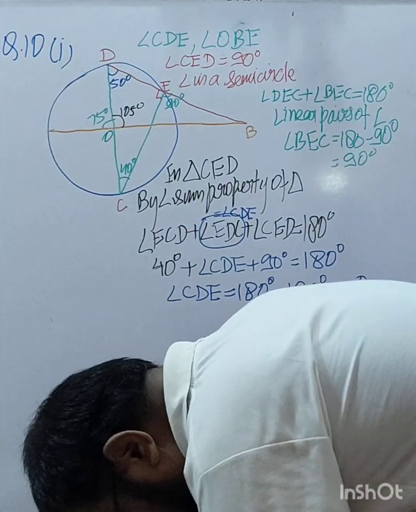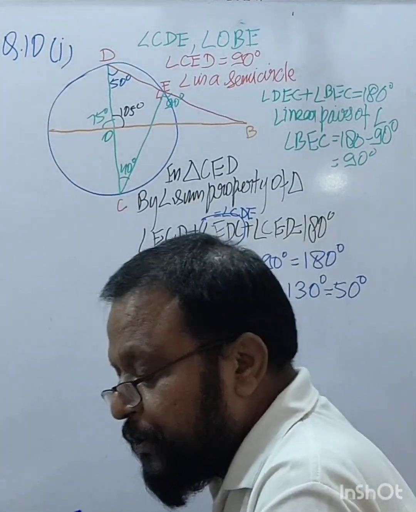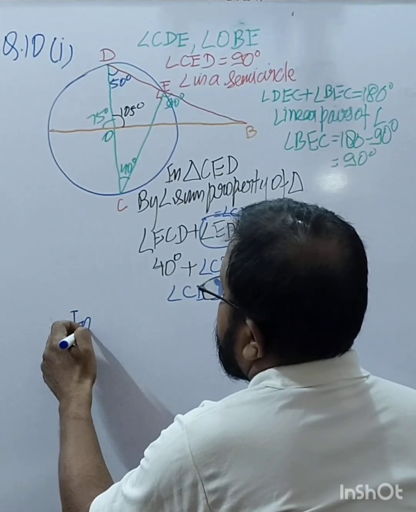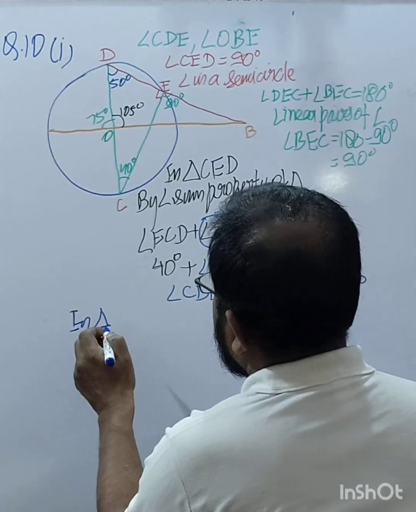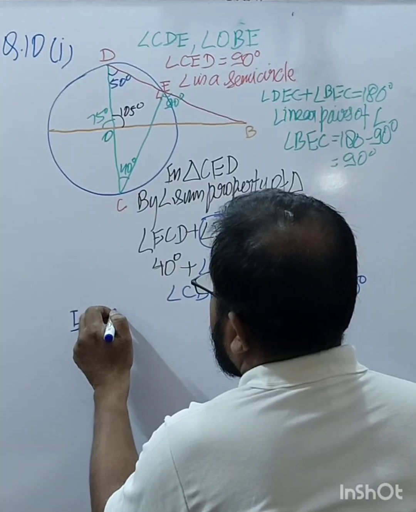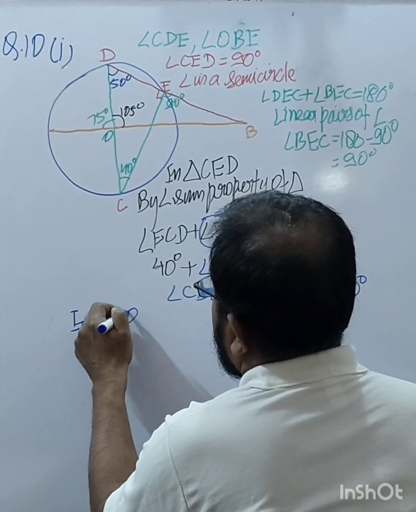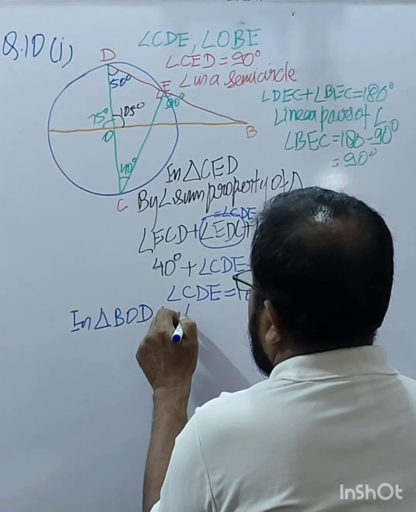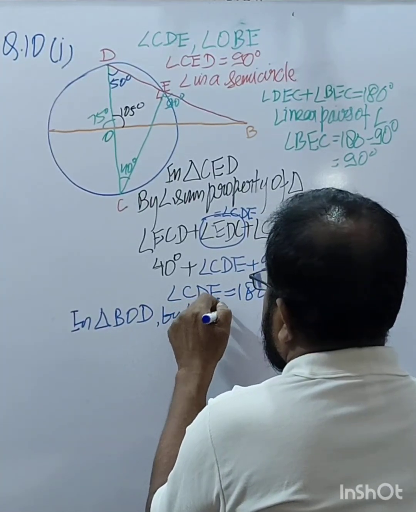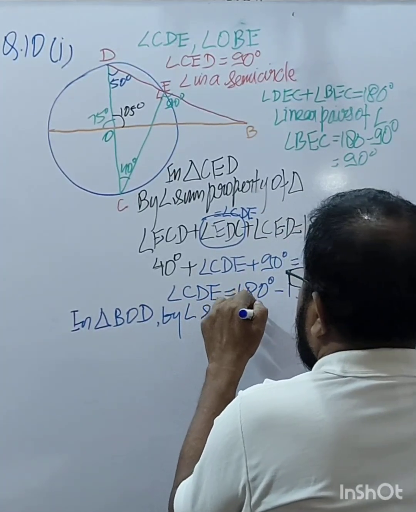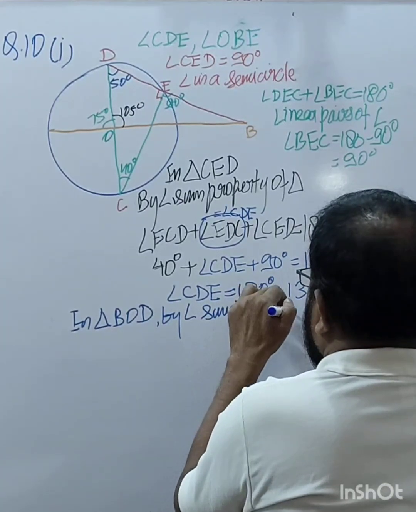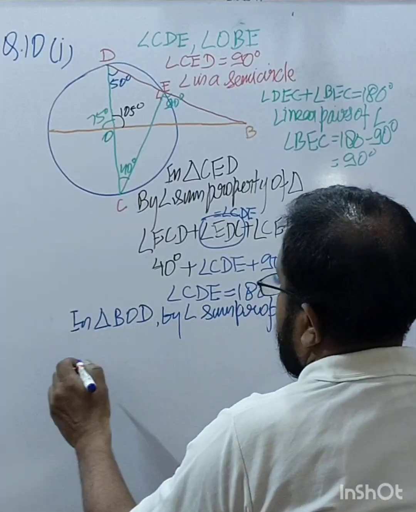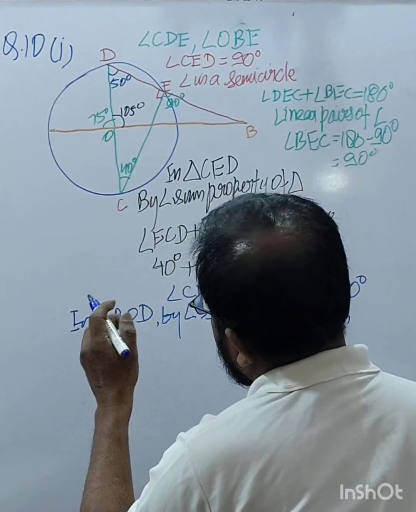So you can write in triangle BOD, by angle sum property of triangle, what happens?